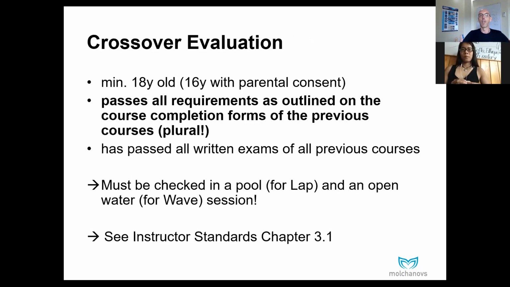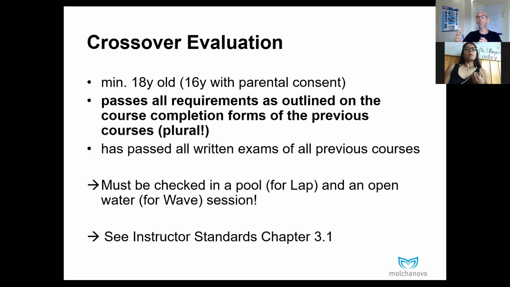But okay. For a crossover evaluation, the minimum age is 18 years old, 16 with parental consent. The student has to pass all the requirements outlined on the course completion form or after previous courses. So if you get this Greek spear fisherman, they need to complete all the exams.